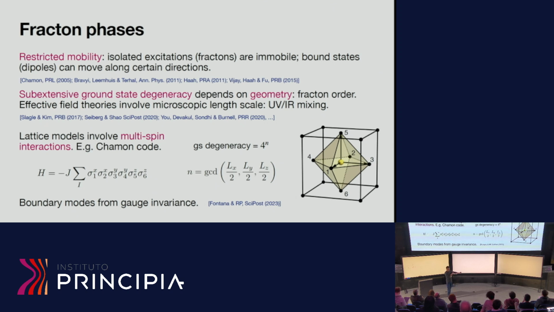It's similar to topological order in the sense that this ground state degeneracy is robust against local perturbations, but it also depends on geometry, in the sense that it will depend on the length scales, the size of the system in your lattice. And to make sense of the effective field theories that have been worked out for fracton phases, you always need to bring in some microscopic length scale. This has been called the UV-IR mixing.